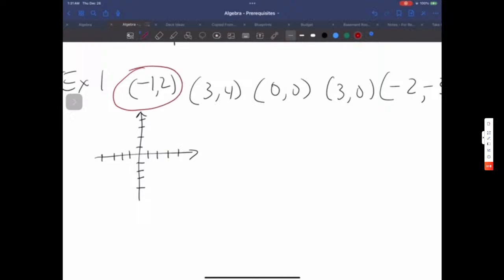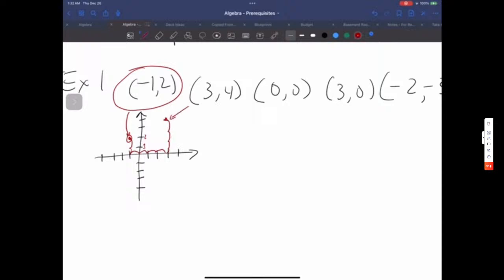So point -1, 2 means that we're going to go -1 along the x-axis and 2 positive along the y-axis. So there's one there, and there's 1 there. So here's that's 1, that's 2. So that point corresponds to this point right there. That is -1, 2. 3, 4 we've already done. We jumped 3 along the x, and then we do 1, 2, 3, 4 up.